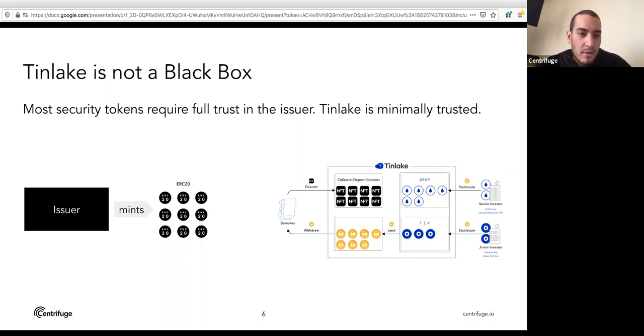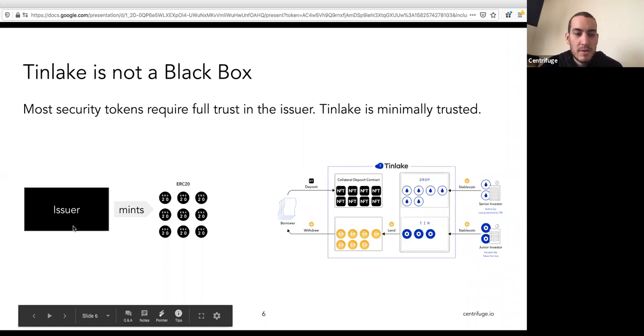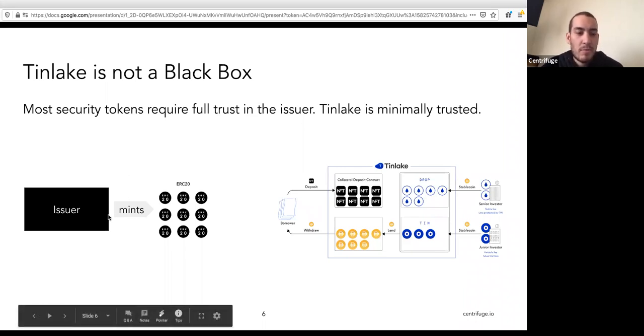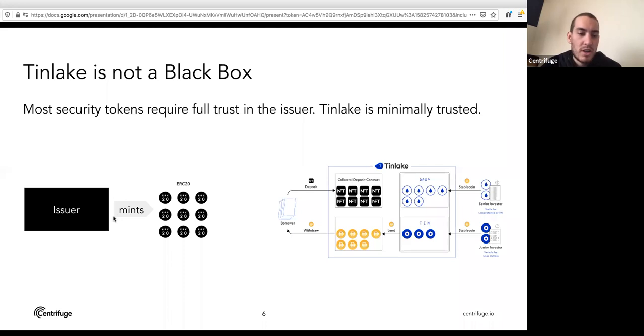If you compare Tinlake to other security tokens and other projects that try to tokenize real world assets, oftentimes you have a very simple architecture where a single issuer mints an ERC20 token. Everything behind that operation is a black box, and you rely on off-chain data, on trusting the issuer that the legal process was followed, that these assets exist in the real world, and so on.